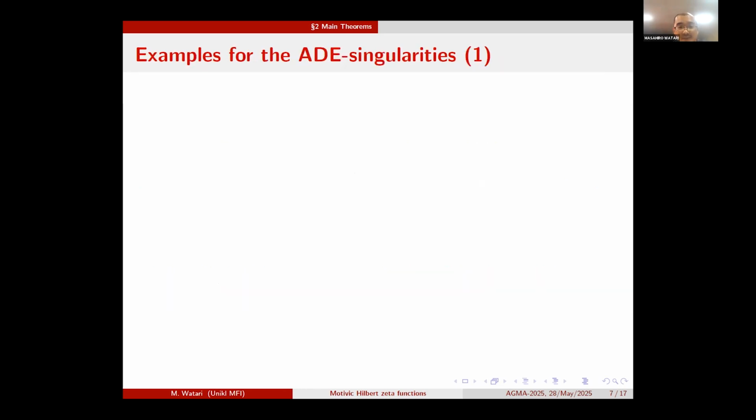Next, let's consider some concrete examples. In particular, we consider ADE singularities. First, consider the A1 singularity, an ordinary node. This singularity is not irreducible, but it is known that any punctual Hilbert scheme for this singularity admits an affine cell decomposition.